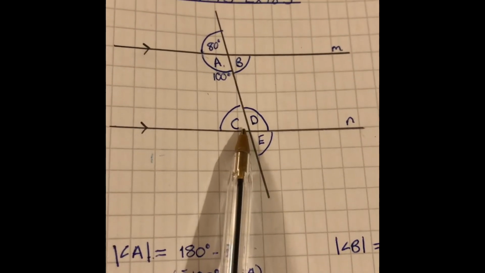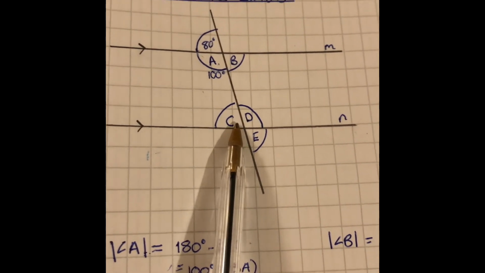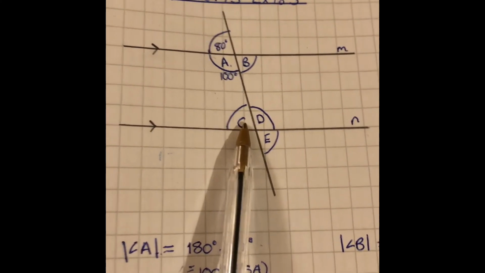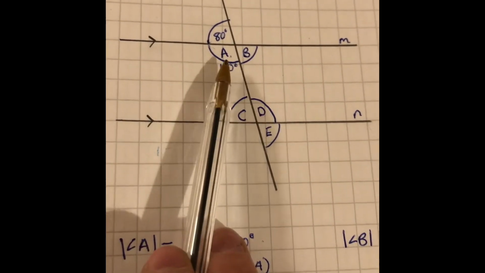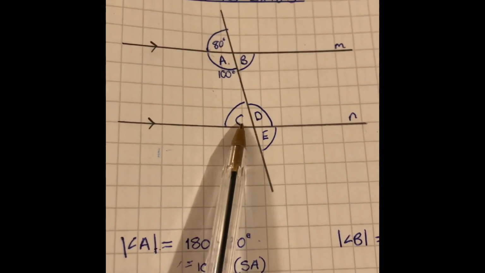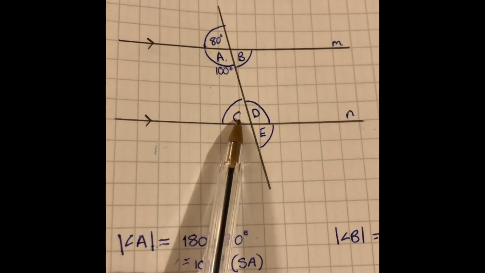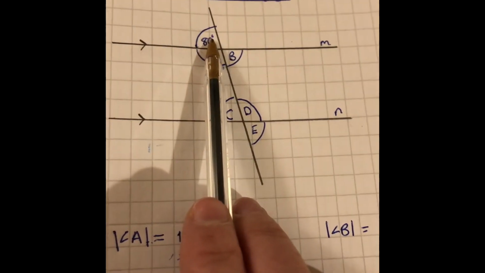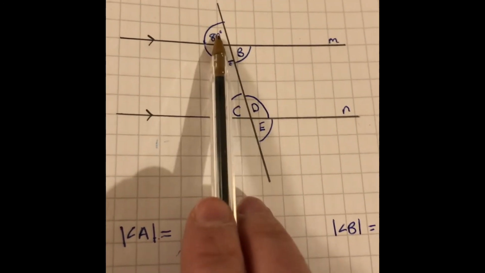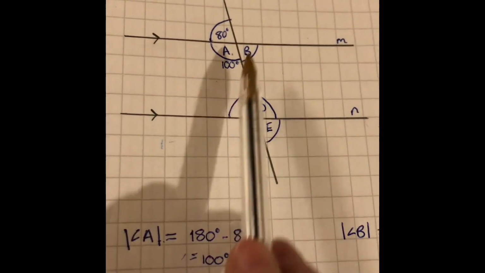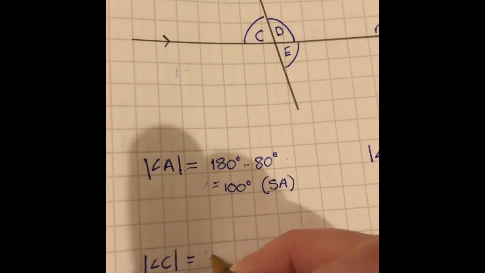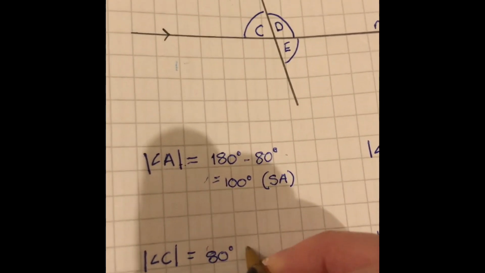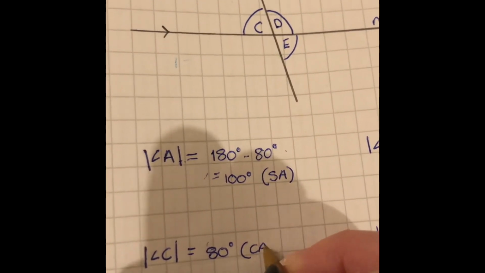They will add to make 180. So this one must be 80 degrees, because together with A, C must make 180. Alternatively, you could have used the corresponding angle, to the left and above, which corresponds with that 80 degrees. So 80 degrees, and we will put CA for corresponding angles.